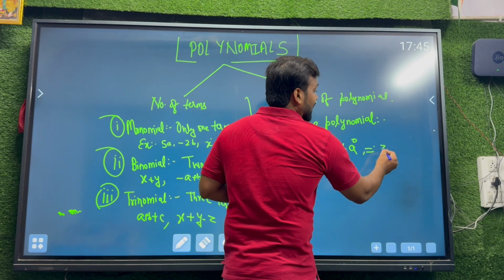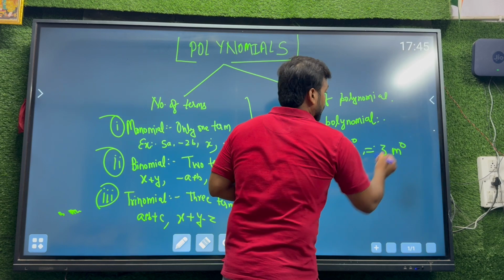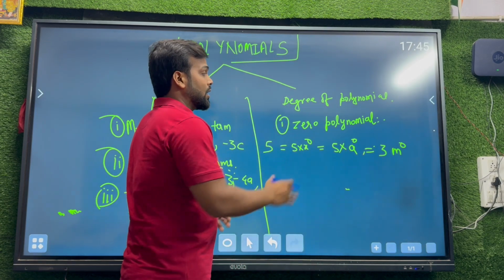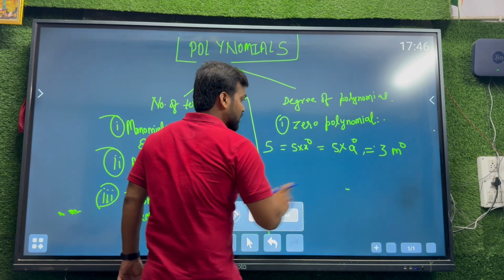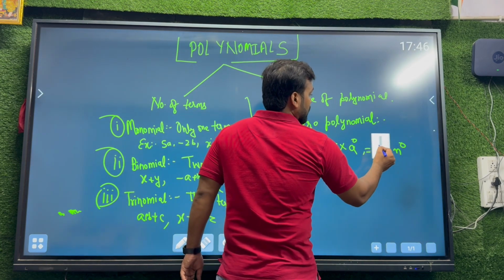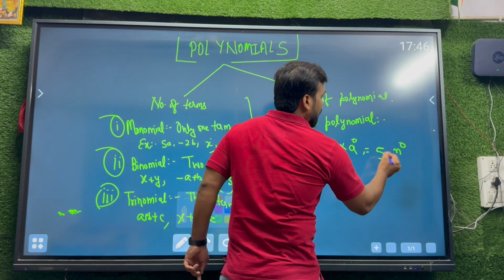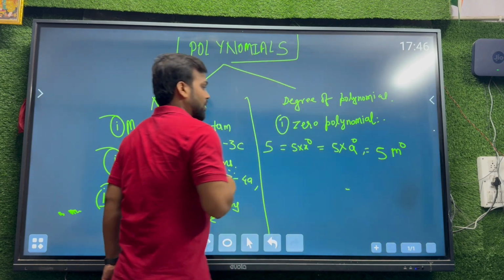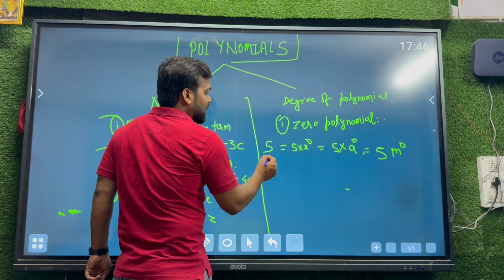Or I can write 3 times m to the power 0, but let's write 5 only, because we have written 5. So 5 m to the power 0. Is it clear, guys?